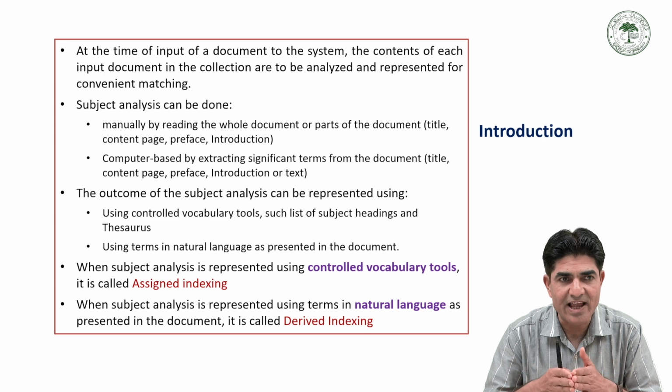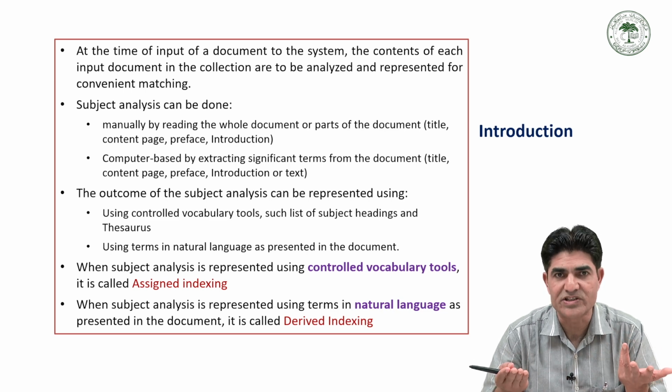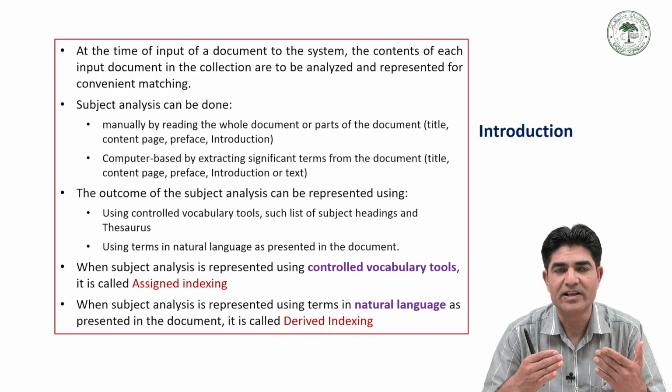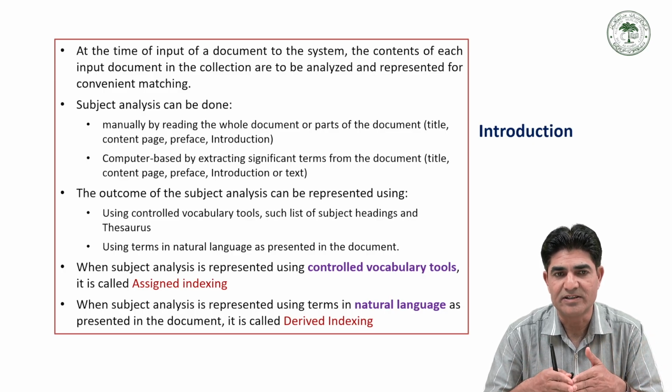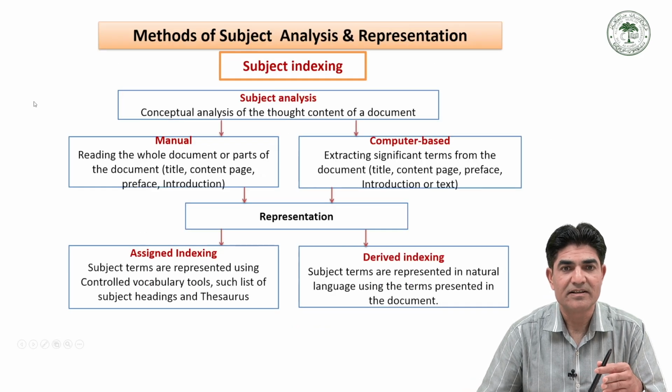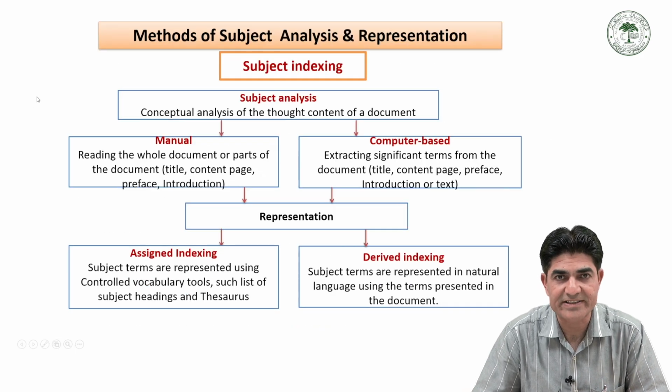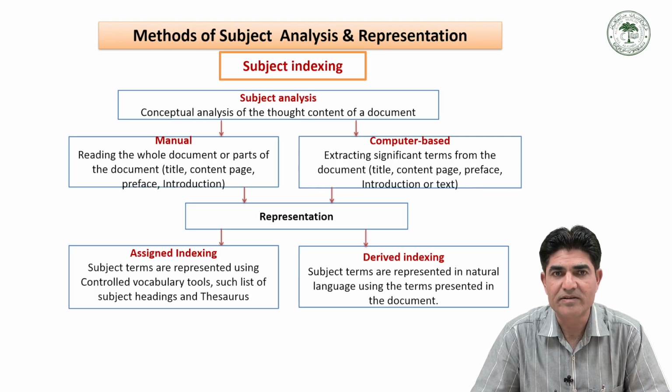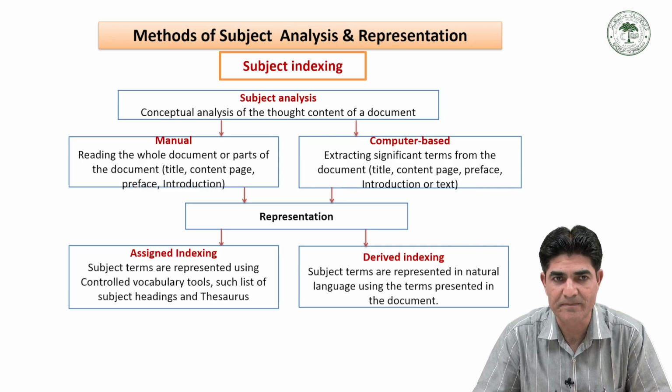When the subject analysis is represented using terms in the natural language as presented in the document itself, it is called derived indexing. So derived indexing is the process of extracting relevant keywords from the document or different parts of the document like the title, introduction, preface, and content page.